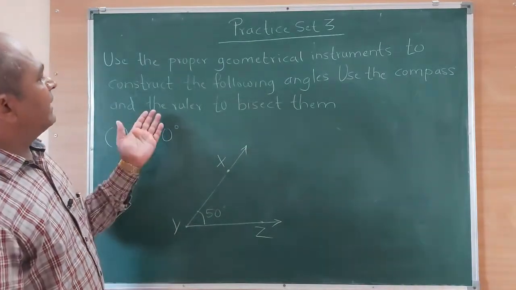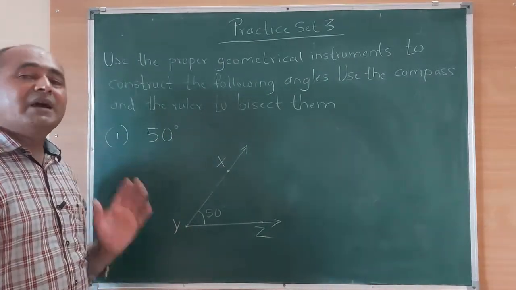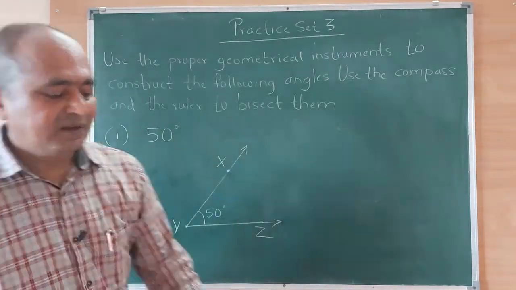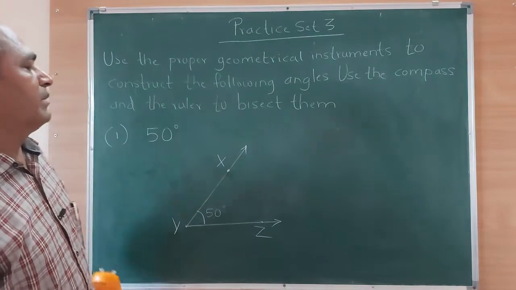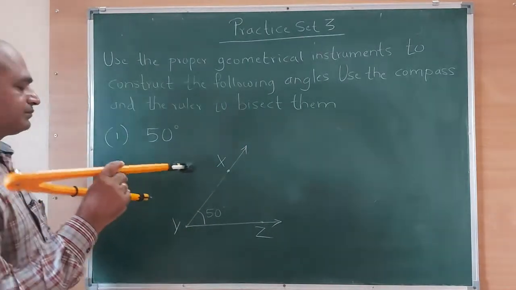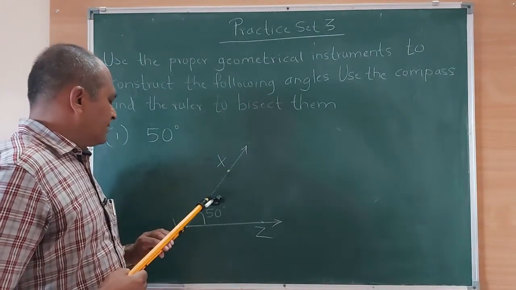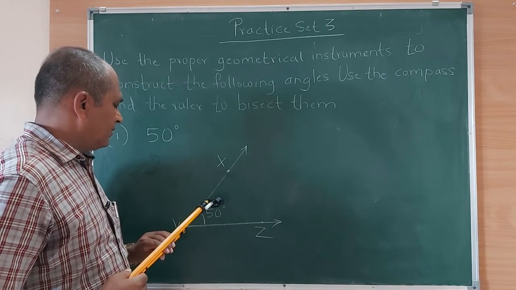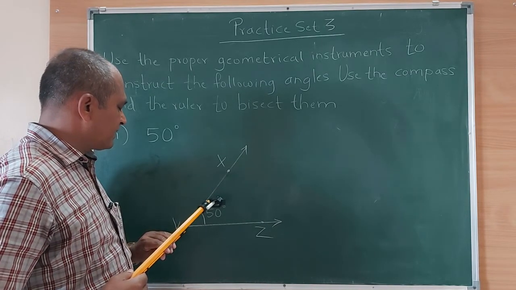Now after drawing an angle, what are we told? We are told to bisect it, and to bisect the angle what do we need? We need a compass. Very simple. First, put the tip of the compass at the vertex of the angle.